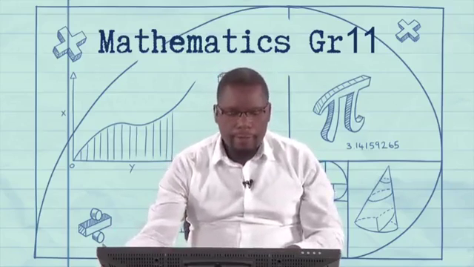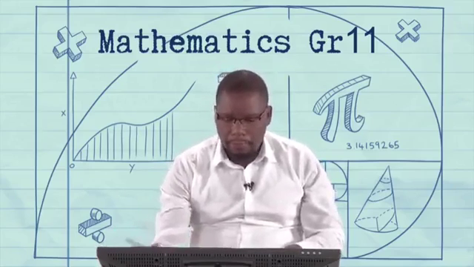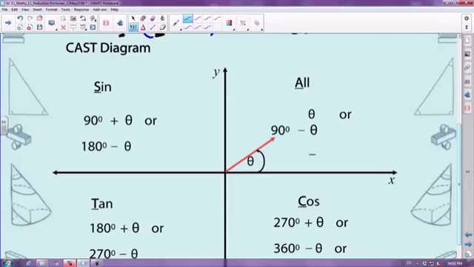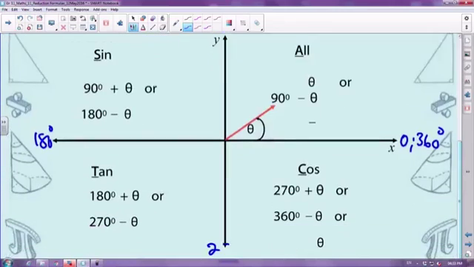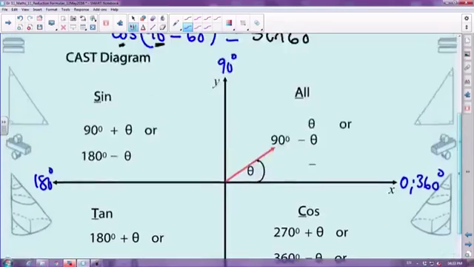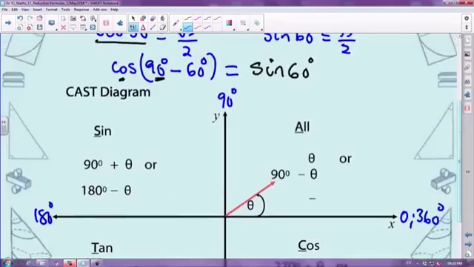All right, so now if you look, going back to our CAST diagram, as we were saying, this is 0 degrees and 360, 90 degrees, 180 degrees, and then your 270. Now, in the first quadrant, I can have 0, 1, 2, 3, 4, 5, 6, up to 90 degrees, all right?